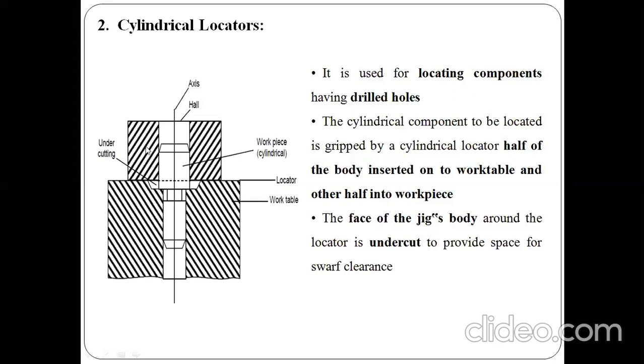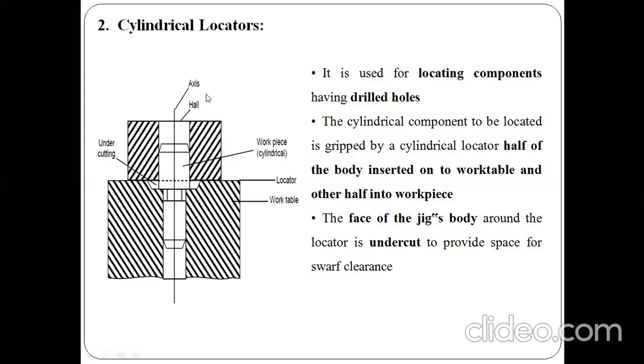Now your workpiece is clamped with the help of this pin, which is known as your cylindrical locator. Half portion of your cylindrical locator is inserted into the workpiece, and half portion is inserted into the work table for proper location of your workpiece to carry out the machining operation.